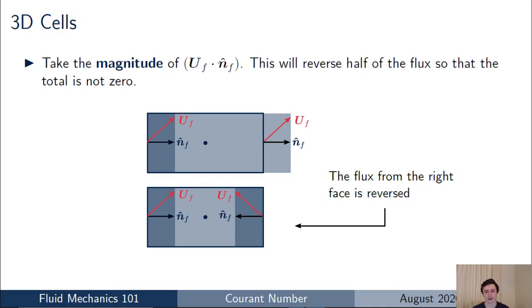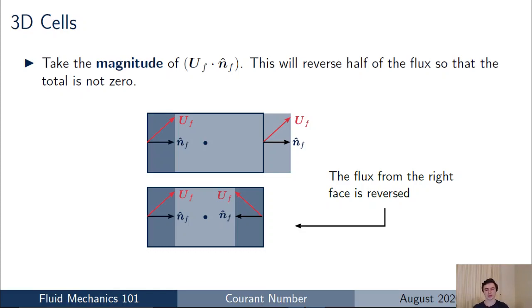And then we've also got the velocity on the right face of the cell, which is also at an angle to the face. And if we were to sum up these contributions with the area, of course, the volume flux would be 0. But now, if we were to take the magnitude of this velocity that's normal to the face, in effect, what we're doing is reversing the flux on half of the faces.